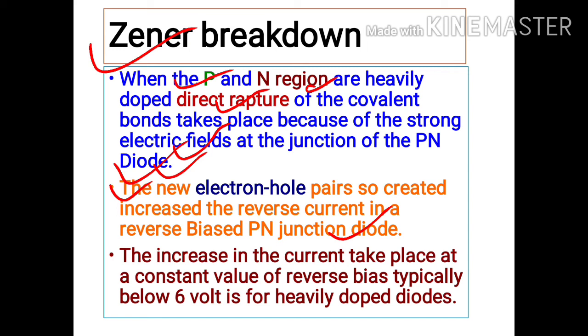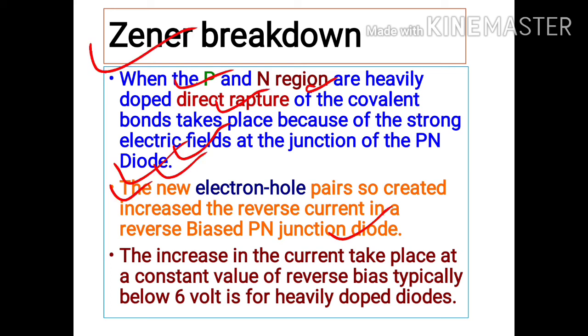So due to the large number of electron hole pairs, the reverse saturation current will be very high, and the current after the Zener breakdown is going to remain constant. The current after the Zener breakdown will be increasing, but the voltage will remain constant.